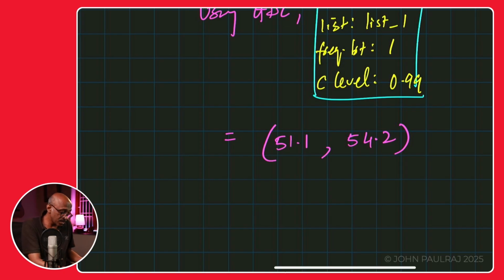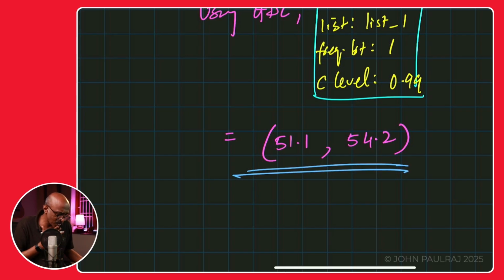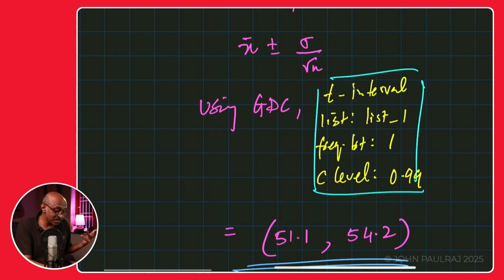Now, they have not asked us to interpret, but because the course is talking about that: this is not the probability that your true mean, which was 52, lies here. It's not a 99% probability.